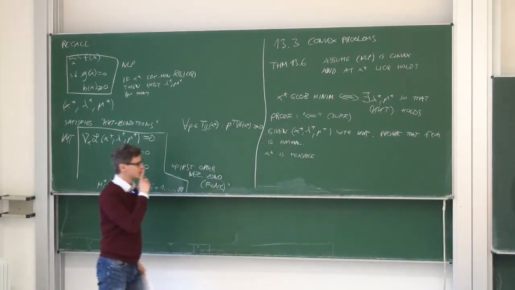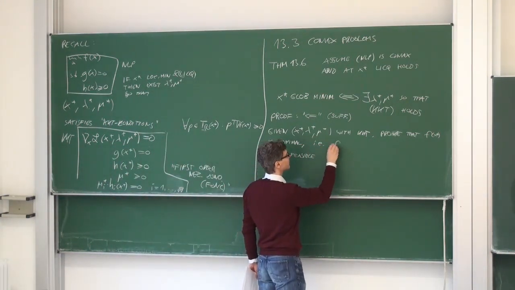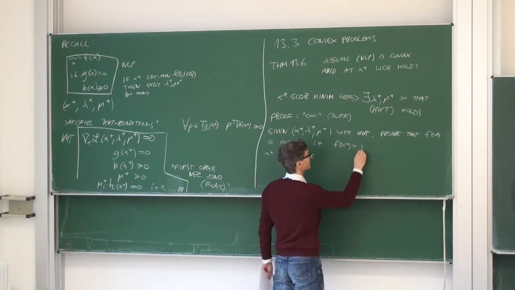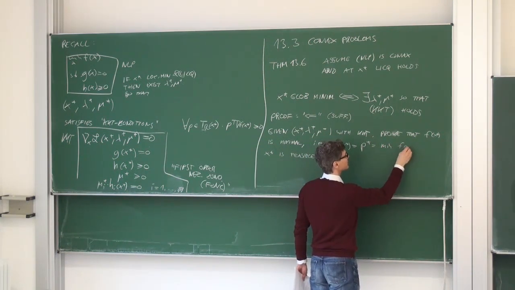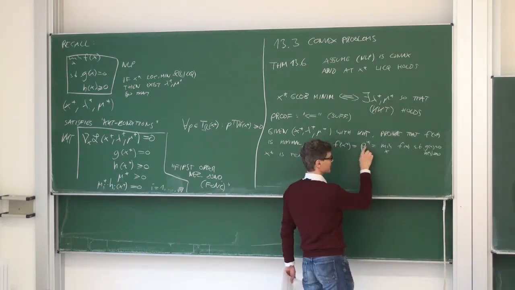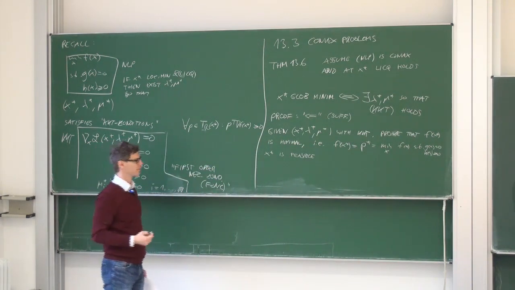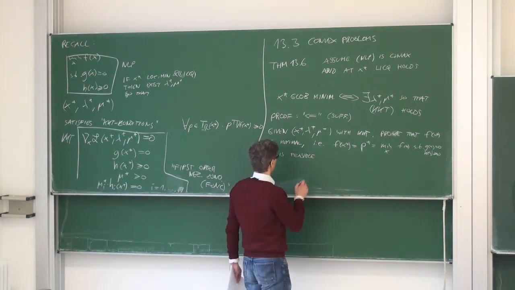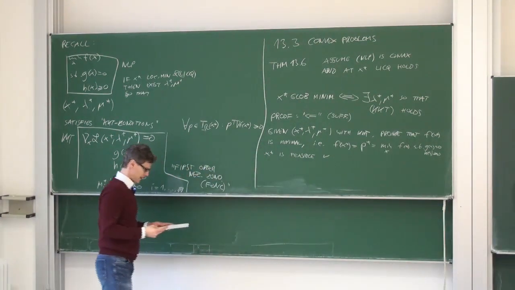And maybe I should first say, what we want to show is that f of X star is equal to what we call P star, and P star was actually the minimum of f of X over all X, subject to g of X equals 0 and h of X bigger than or equal to 0. So this is the minimal value. Yeah, that's the language that we used in duality. So X star is feasible, so that's already clear, so that's easy.